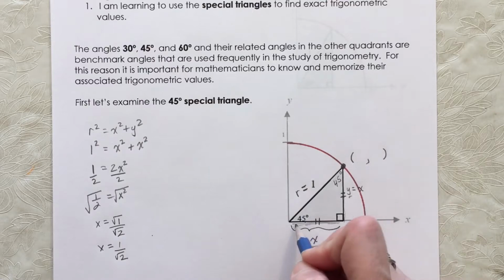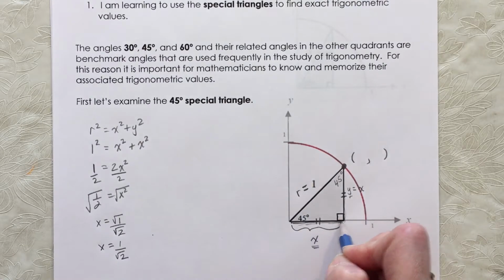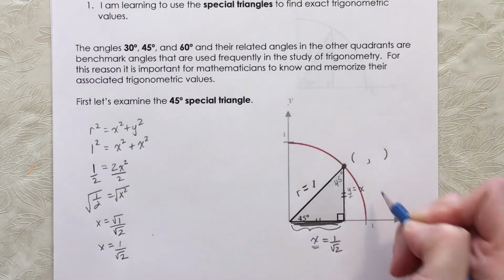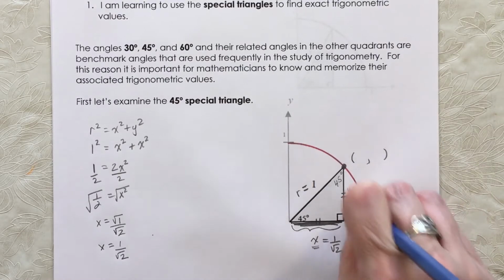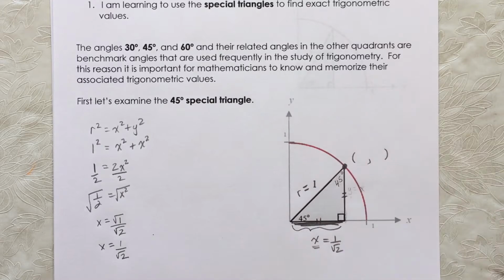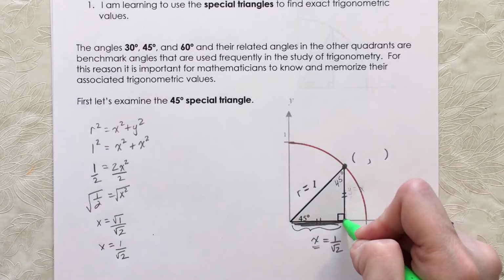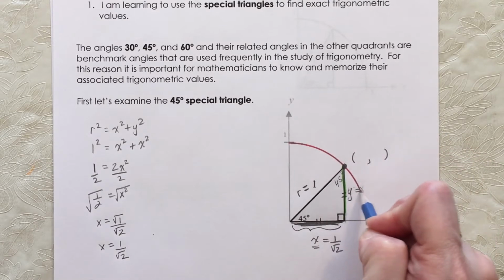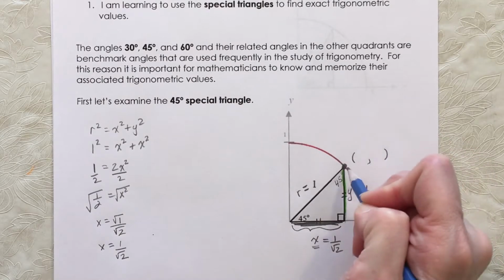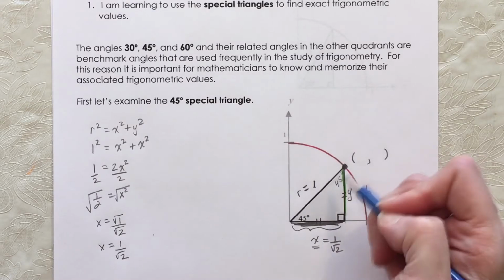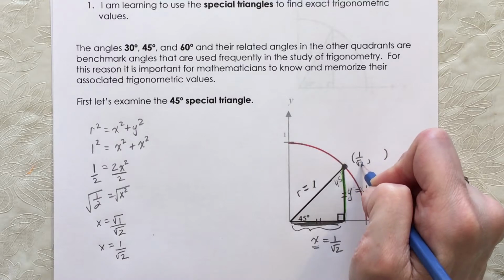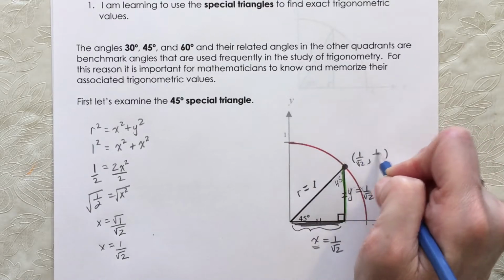So that means that this distance here is 1 over root 2, and this distance up from here to here is also 1 over root 2. So y is also 1 over root 2. And this point then along the terminal arm, if we cut it off here, would be 1 over root 2, 1 over root 2.